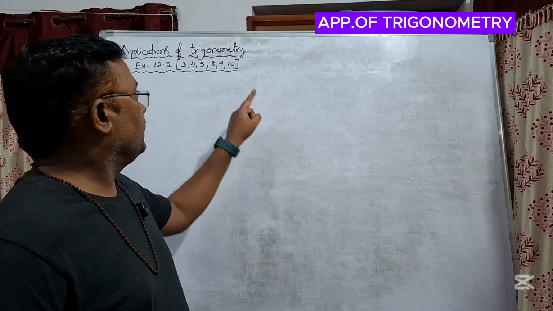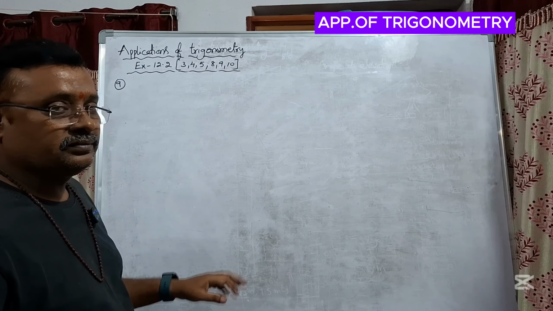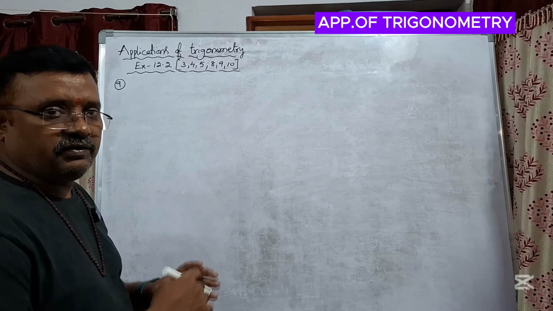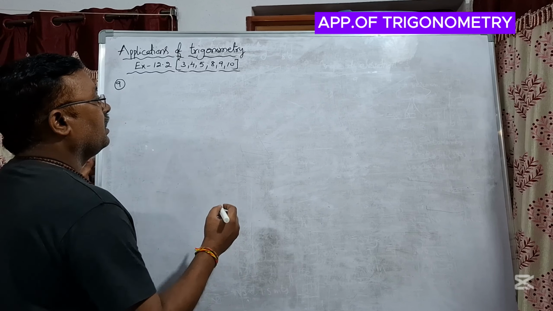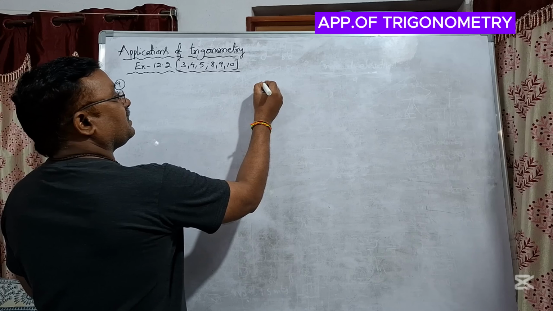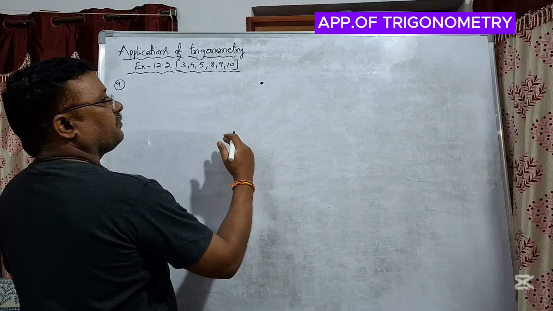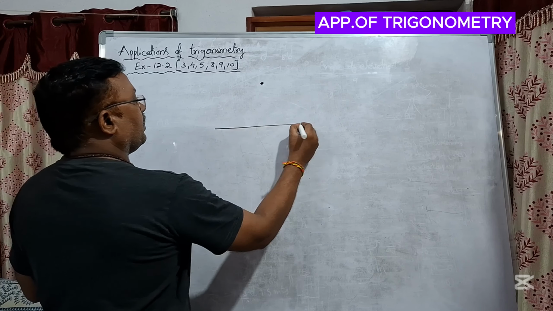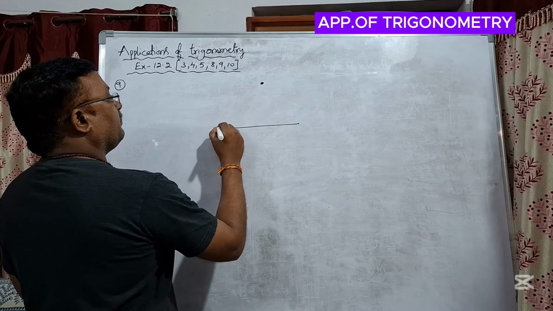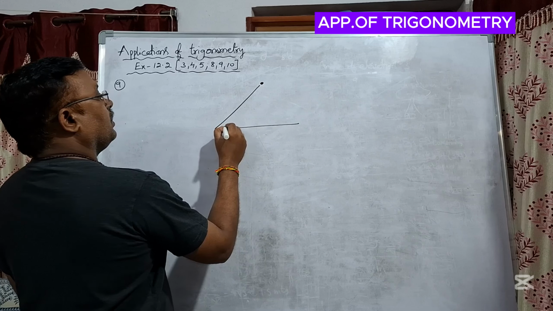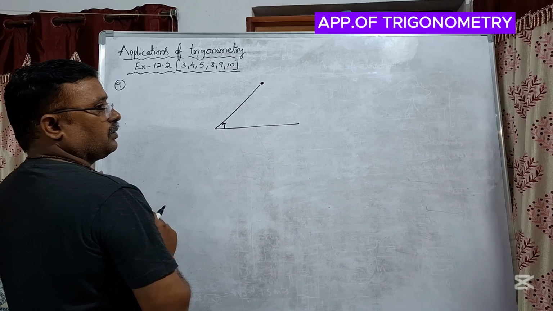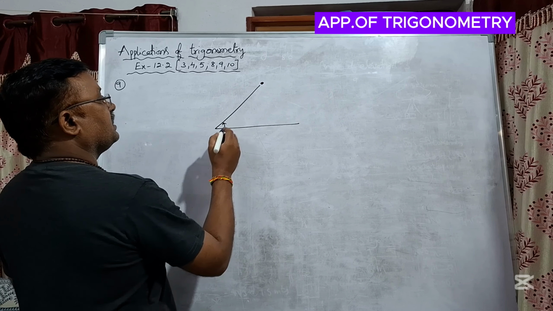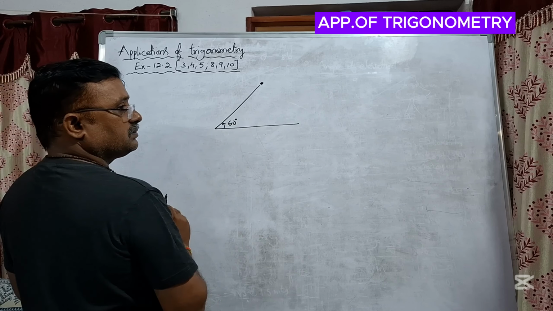Okay, now we are taking the 9th problem. In this problem, the information we have is there is a jet flying from the level ground. The angle of elevation to locate the jet is 60 degrees.